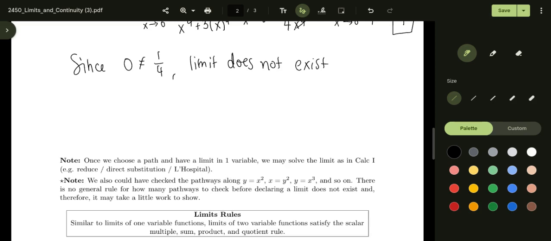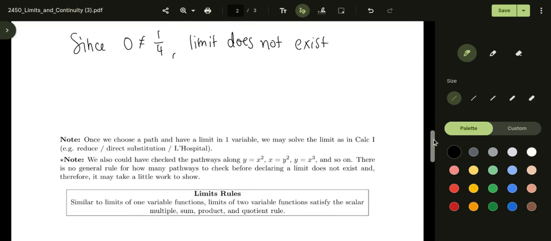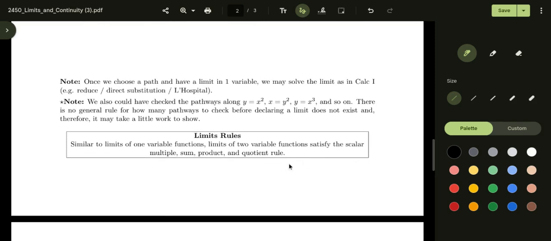Any rule that you have used in the past works for two variable functions as well, once we've chosen a path though. And then also you can use the limit rules of the scalar multiple, the sum, the product, and the quotient rule of limits as well. So if you need to break up those limits, you can.